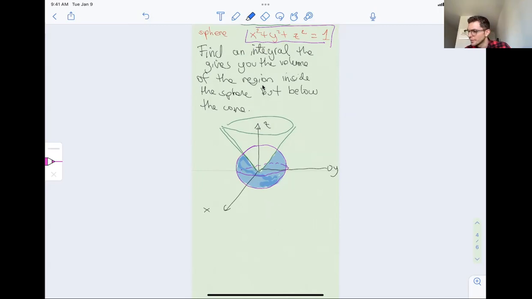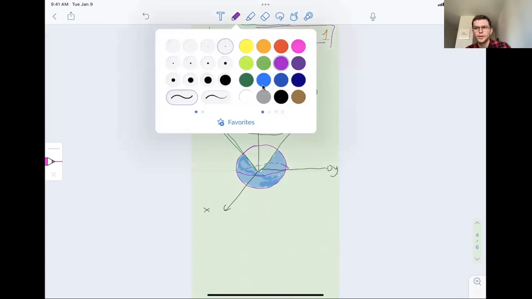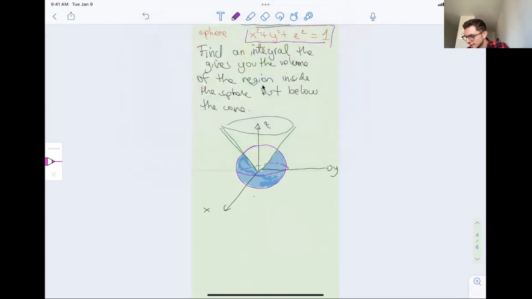Now, let's think again about what the equations are. The equation of the sphere is x squared plus y squared plus z squared equals 1. This is also something that you always need to do: rewrite the equations in the corresponding coordinates. So this is in Cartesian, but we already talked about how to rewrite this in spherical.